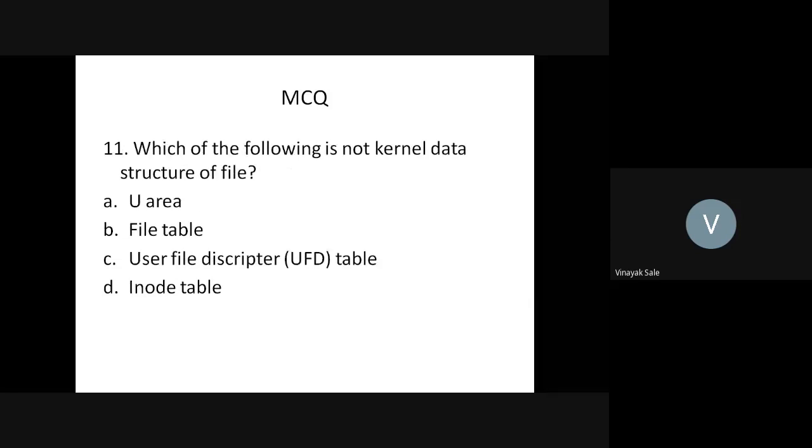Next question. Which of the following is not kernel data structure of a file? First, U area, that is user area, then file table, user file descriptor UFD table, inode table.